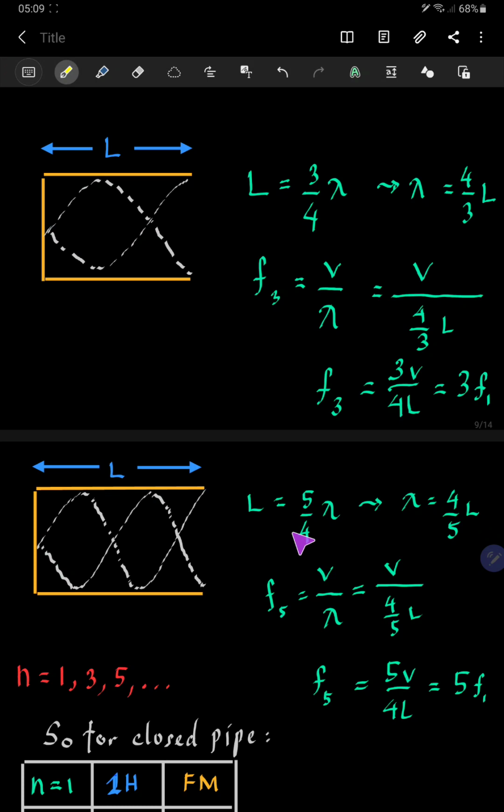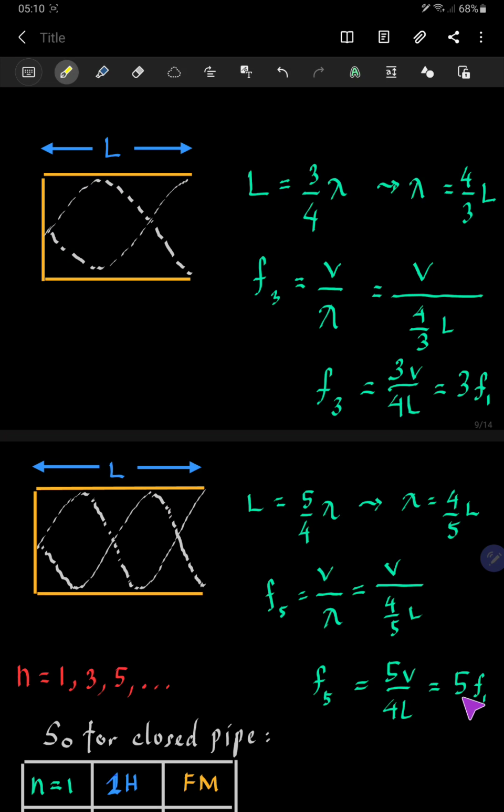By rearranging the equations, you will get lambda equals 4L over 5. Substitute into the equation F equals V over lambda again. You will get V over 4L over 5. By rearranging the equations, you get 5V over 4L. Again, V over 4L represents F1, isn't it? So it equals 5F1.